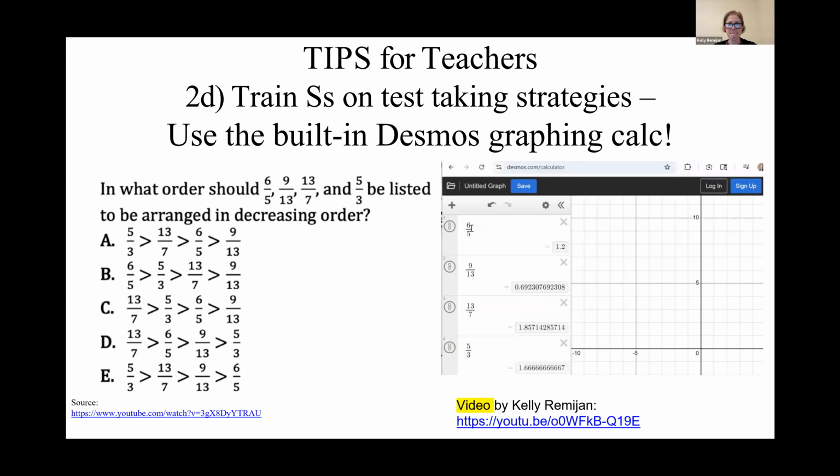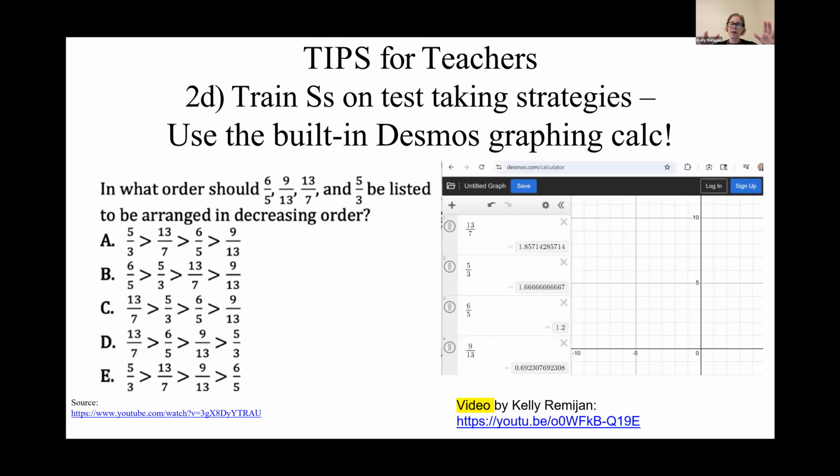And once I have those decimal approximations, I want to arrange it in decreasing order. So I want the biggest decimal on top. And so that's going to be 13/7. And then the next one after that's going to be 5/3 and 6/5 and 9/13. And so that is going to correspond then to choice C, which gives me my fractions in order.